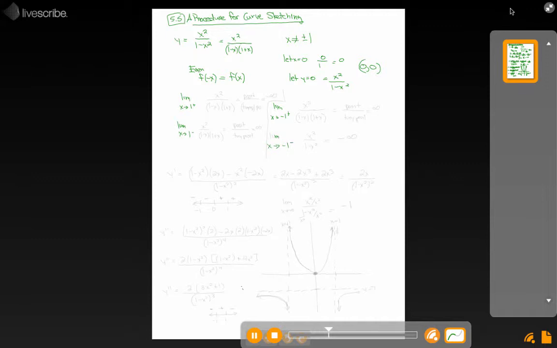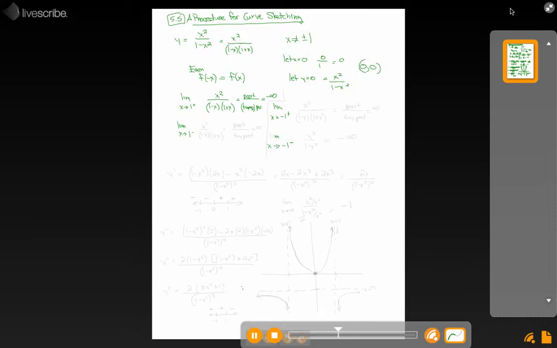And so if I put in x squared over 1 minus x times 1 plus x, if I put in a number just to the right of 1, like 1.0001, I'm going to have a positive number divided by a tiny negative number times a positive number, and this thing will go to negative infinity.